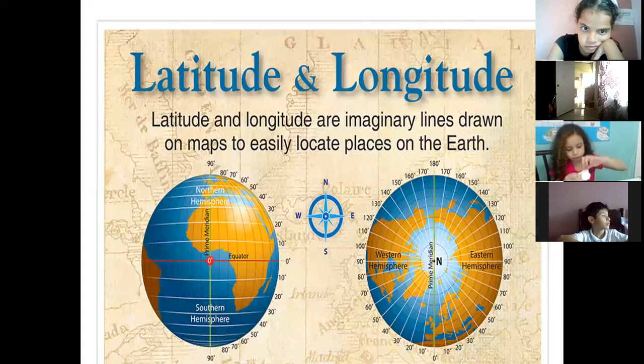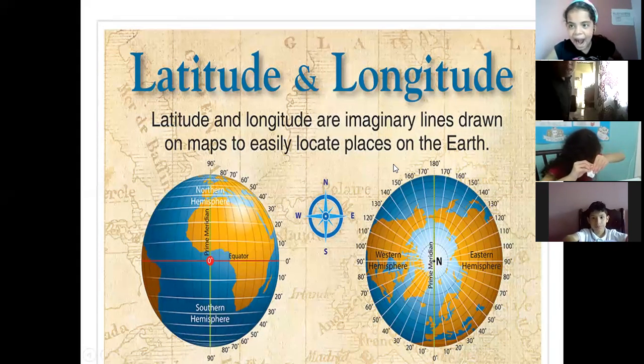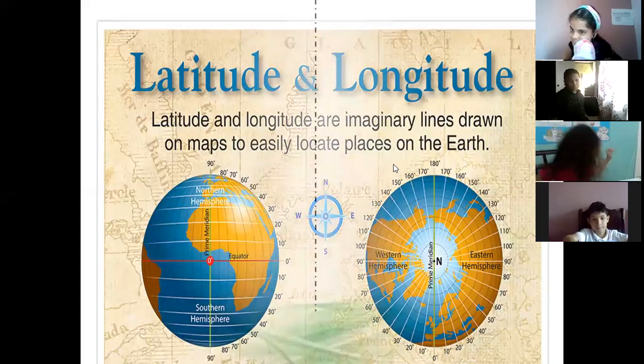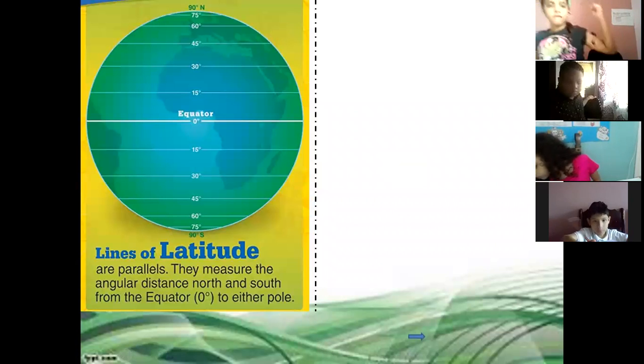Also, people that use a map travel using these locations, latitude and longitude. Now, copy please. Lines of latitude.